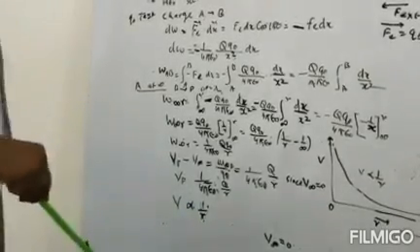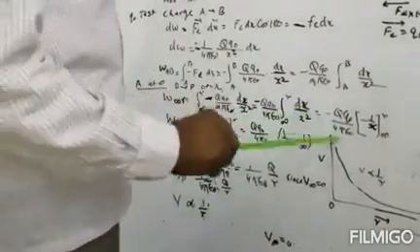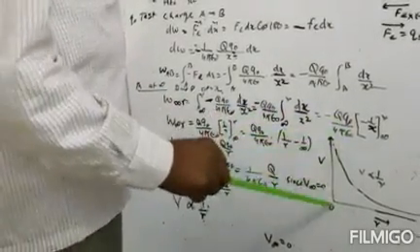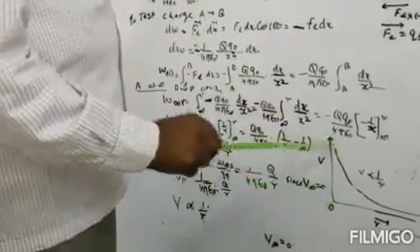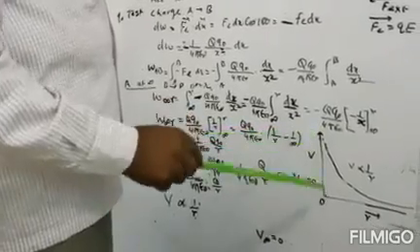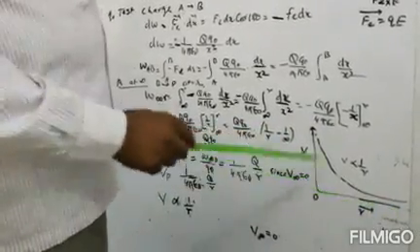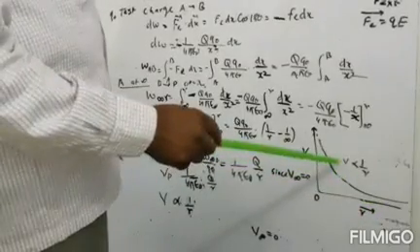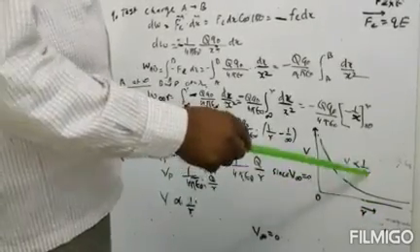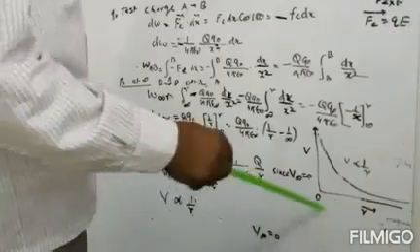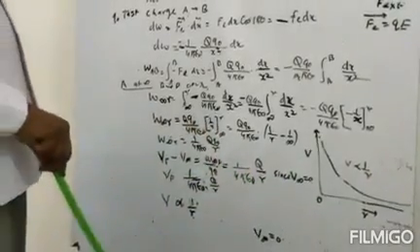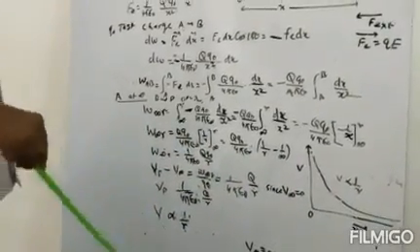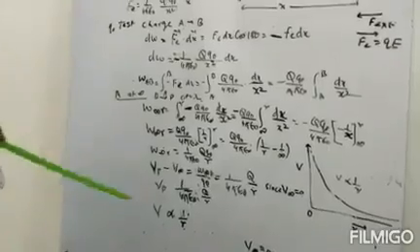We can plot the graph between the potential at a point due to a charge Q and r, and the curve will be like this, V is proportional to 1 by r. So in this way we can find the potential at any point due to a charge.